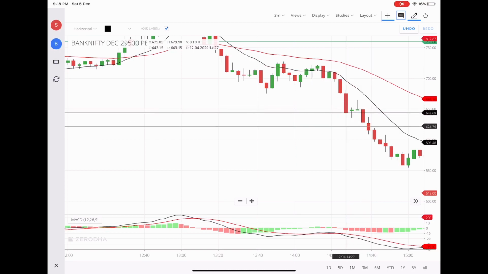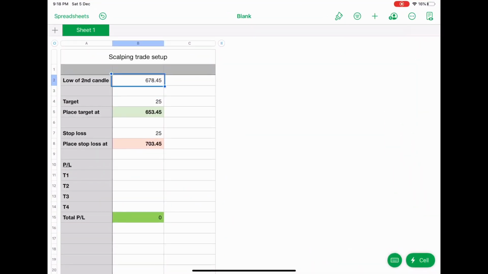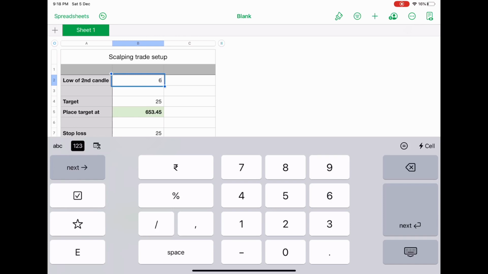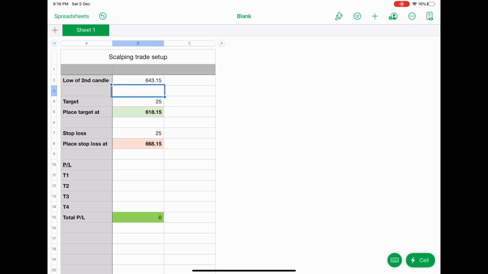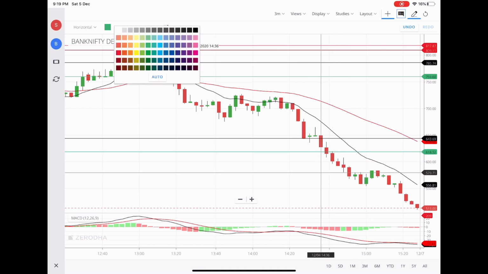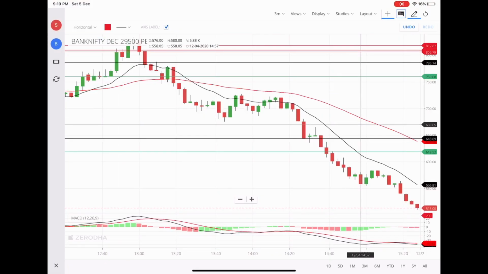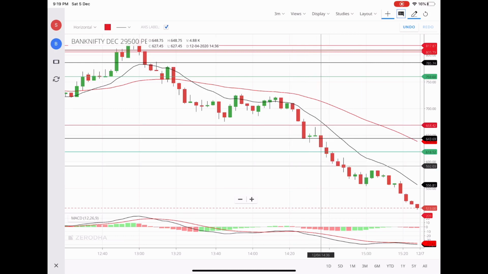The low of the candle is 643.15, so the target will be 618 somewhere here, and the stop loss will be 668. So this target we have achieved within 12 minutes.